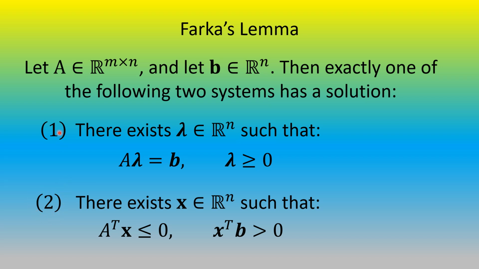So one is primal, two is dual. One: there exists vector lambda such that A lambda is equal to b, where lambda is greater than or equal to 0. That's the cone. Or two: there exists vector x such that A transpose x is less than or equal to 0 and x transpose b is greater than 0. So those are the two things that we're going to consider.